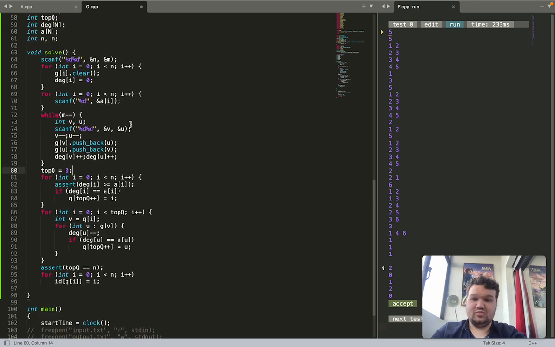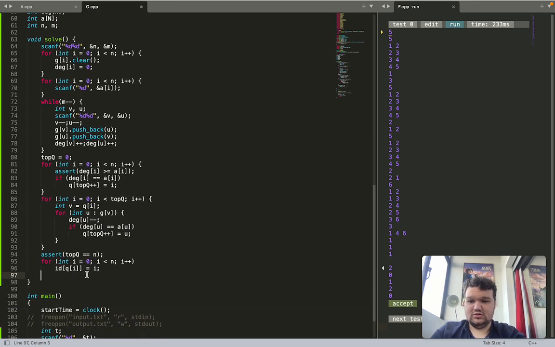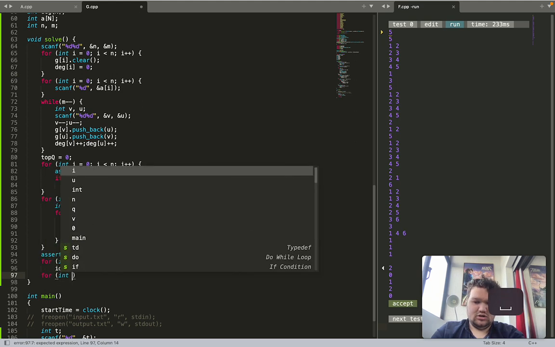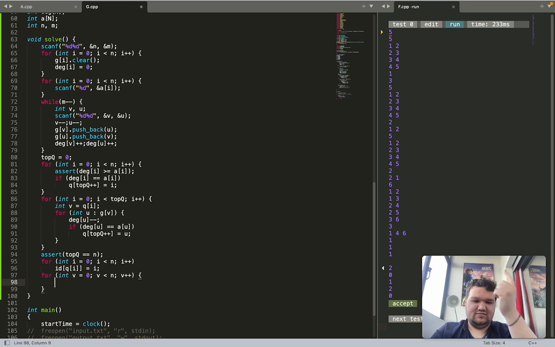This queue is basically the topological ordering. So why did I remember it? Because I want to only leave the edges that go to the right.